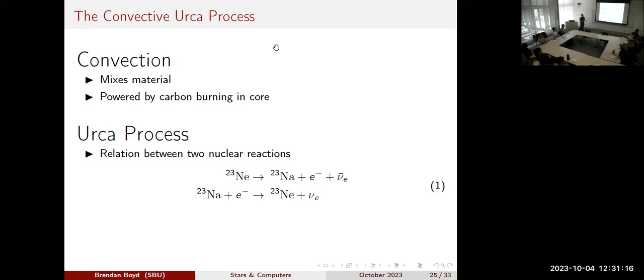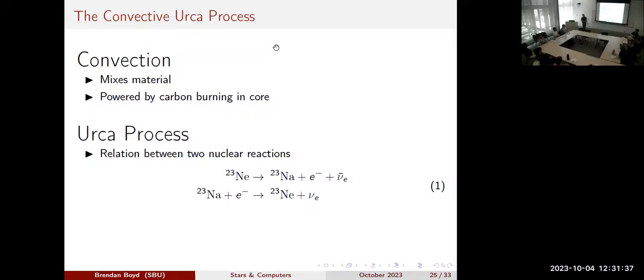This is an example of this kind of pairing, where we have neon 23 and sodium 23. And these are the two reactions. You can see they're almost symmetrical. Neon 23 is turning into sodium 23 and an electron. Then we have sodium 23 and an electron turning into neon 23.